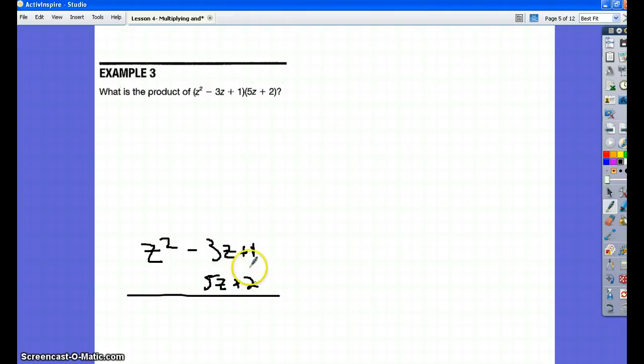You could multiply this out, right? So it's going to be 2 times the trinomial.